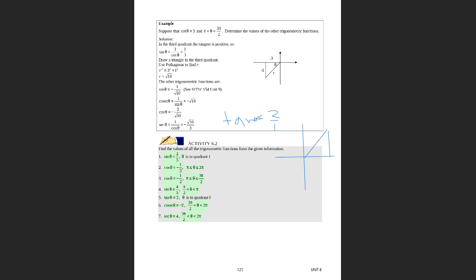Tan theta is opposite over adjacent, so here is going to be your 2, and here is going to be your 1. Then your hypotenuse will be square root of 5. Once you know that, you can find all your trig ratios.